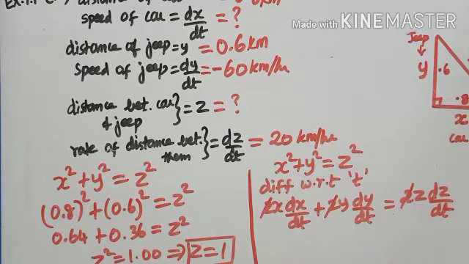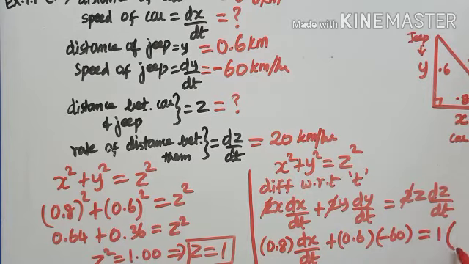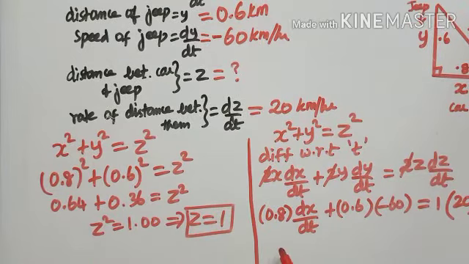All the 2's we can cancel. Substitute all that we know. X value 0.8, dx by dt we don't know. Y value 0.6, dy by dt minus 60. Z value 1, dz by dt is 20. Simplifying this answer, 0.8 dx by dt equals 20.